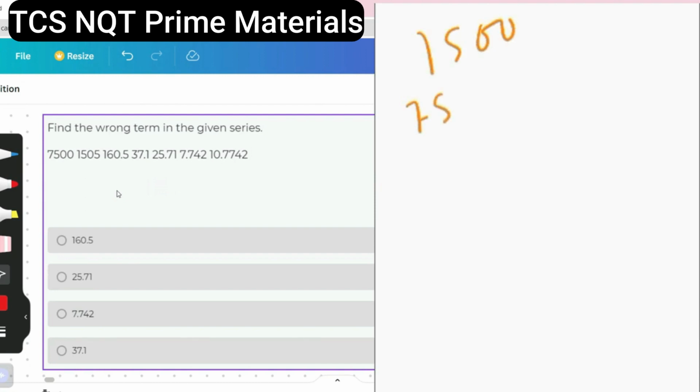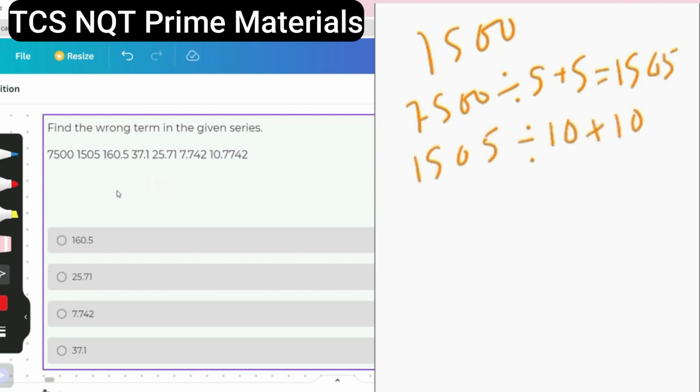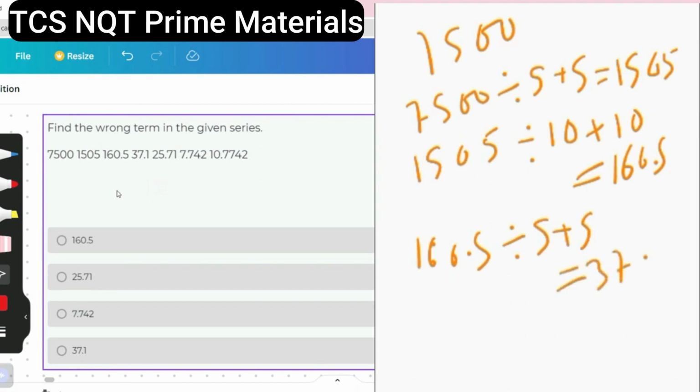So do this operation: divide by 5 and add 5, so the number will become 1505, and 1505 is divided by 10, then add 10, so the number will become 160.5, right? And repeat the process in the next terms as well. So 160.5 will be divided by 5 and then added with 5, so the number should become 37.1.